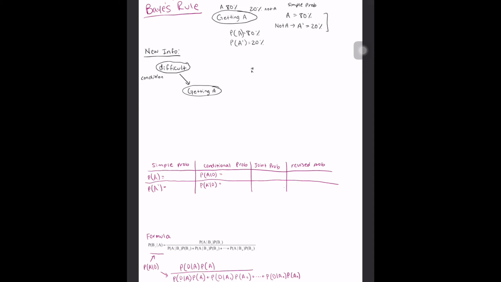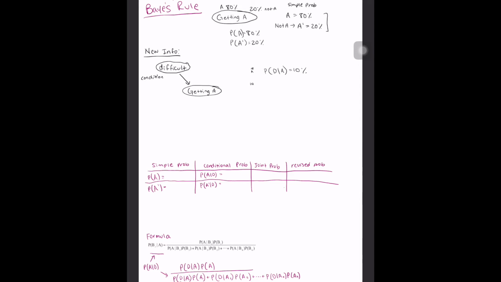You ask 10 people that got an A whether or not they took a difficult class. So the probability of someone who got an A having taken a difficult class is 10%. So the probability of having taken a difficult class, given that you got an A, is 10%.